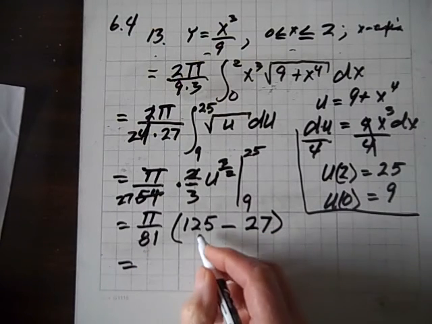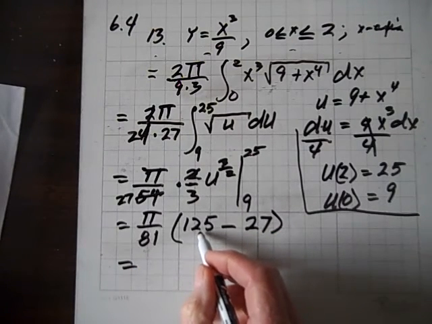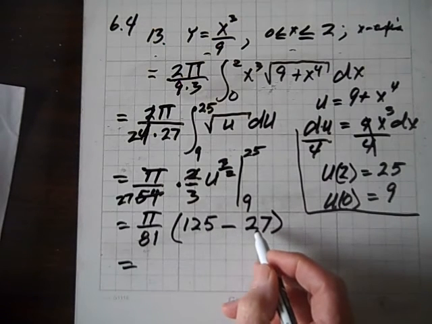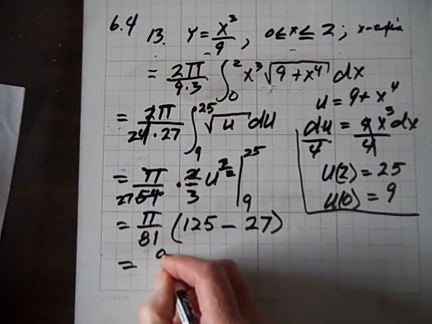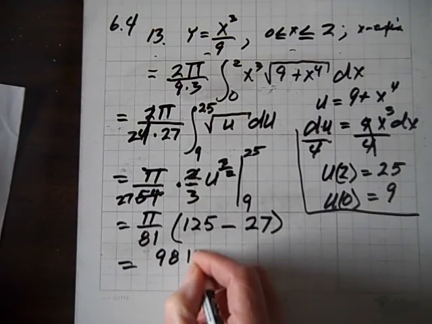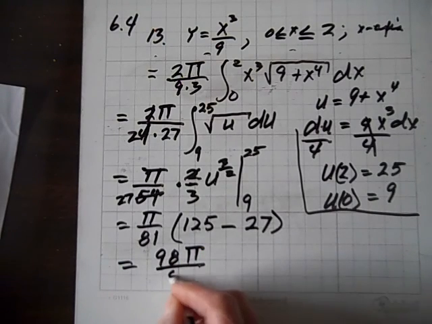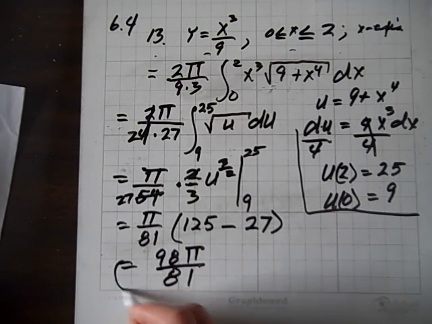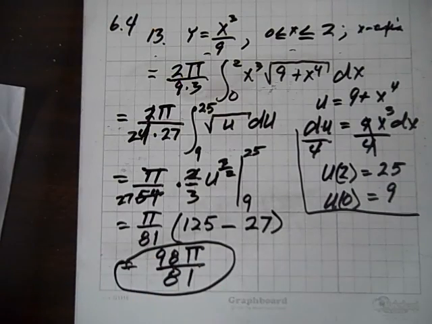And so 125 minus 27 is 98, so that becomes 98 pi over 81, and that's the guy we've been looking for. We're done.